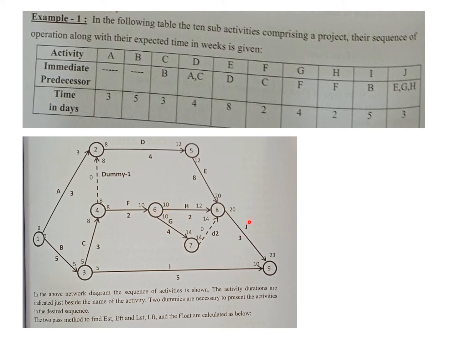F is the preceding activity for both, and J is the succeeding activity for both. Since that cannot happen as per the basic convention of AOA network construction, you need to create a separate dummy activity, which is D2 over here, with a separate node starting at 7, so as to complete this part of the network.